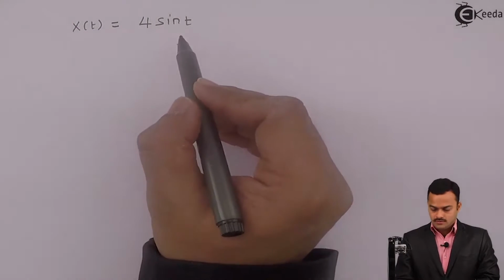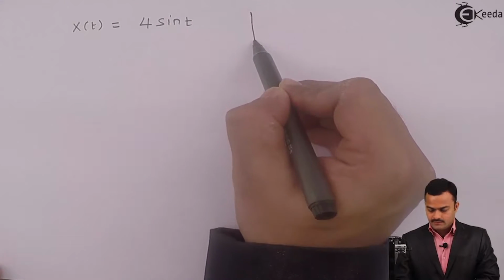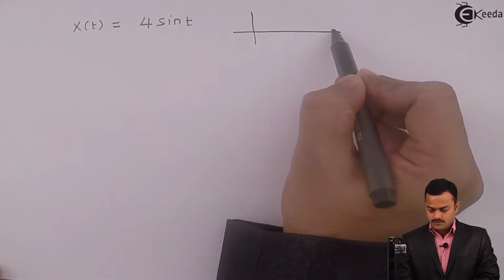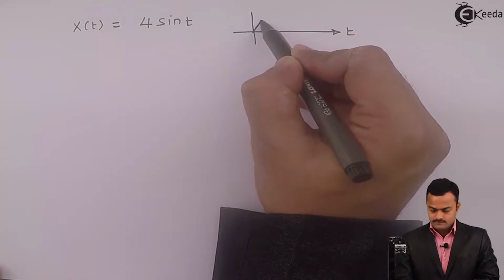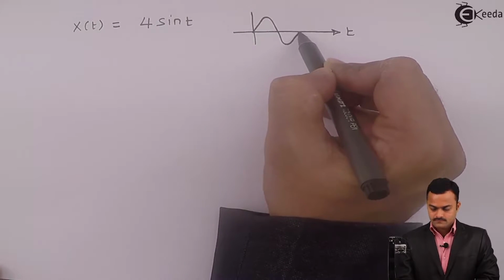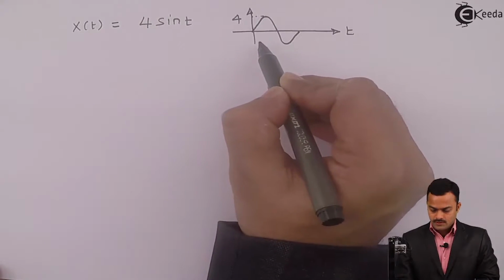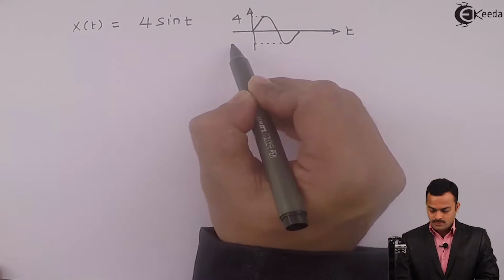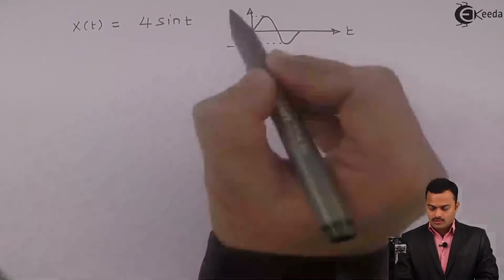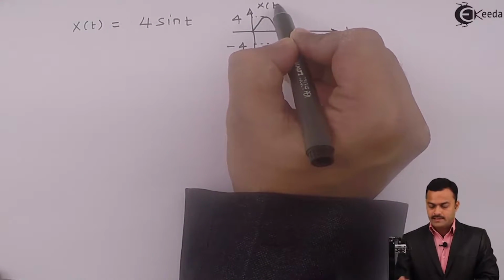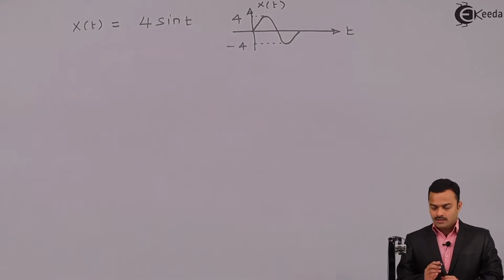As we know, sin t will have the curve like this. Since the amplitude is 4, the complete plot of x of t against t will be like this. So for this signal, we are going to find out energy and power.